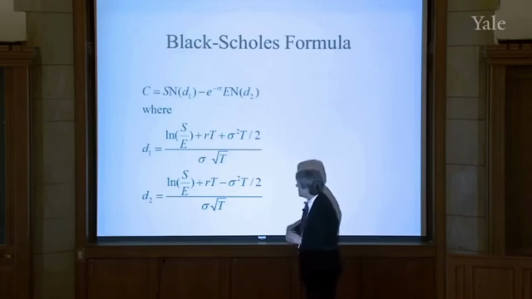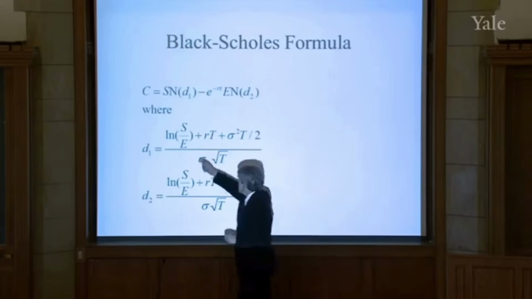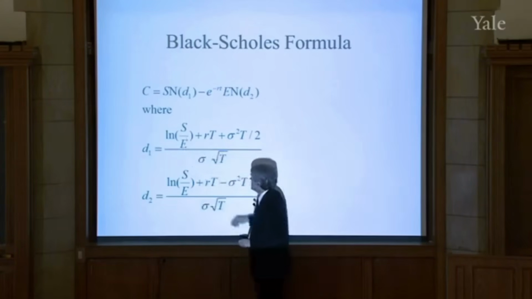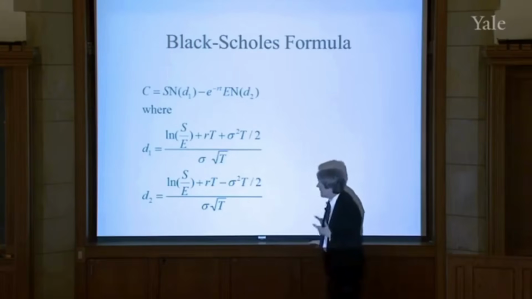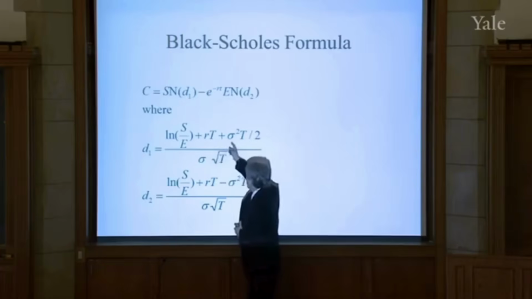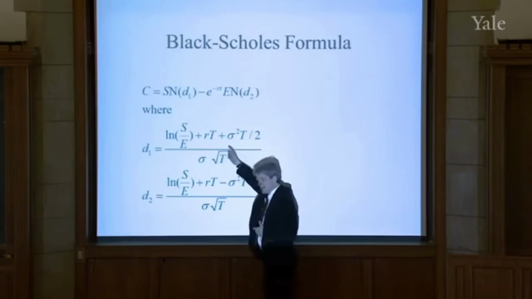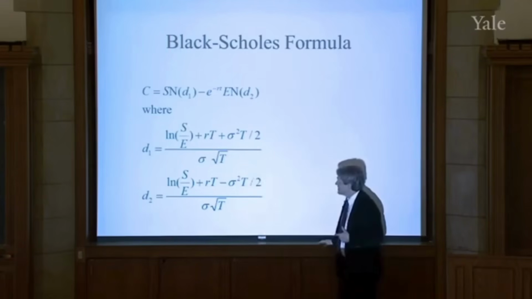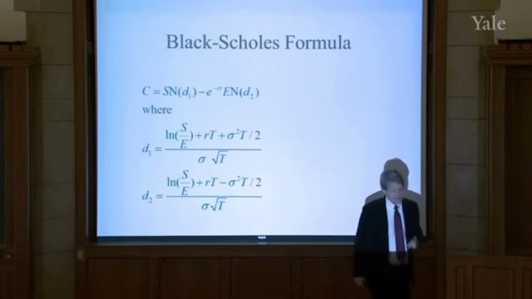I have to know what the stock price is, that's S. I have to know what the exercise price is, and the time to maturity. These are all specified by the stock price and the contract. I have to know what the interest rate is. And if I also have some idea of the standard deviation of the change in the stock price, then I can get an option price.